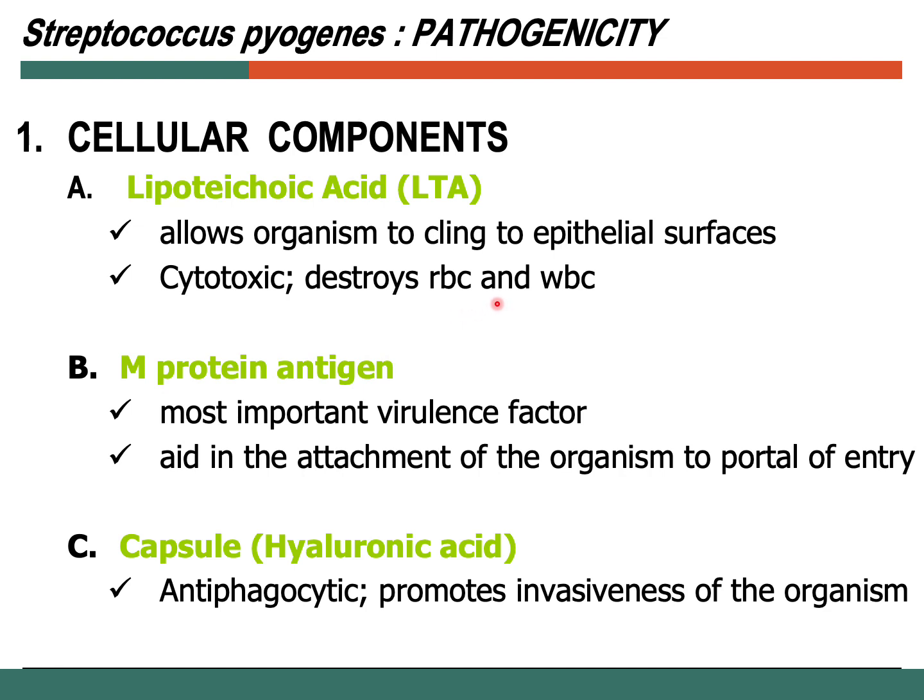So, diba, our respiratory tract is made up of ciliated pseudostratified columnar epithelial cells, if you still remember your histology. So the cilia of the epithelial lining also aid, diba, in preventing microorganisms from clinging on.